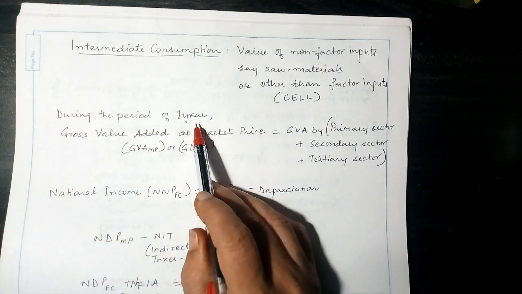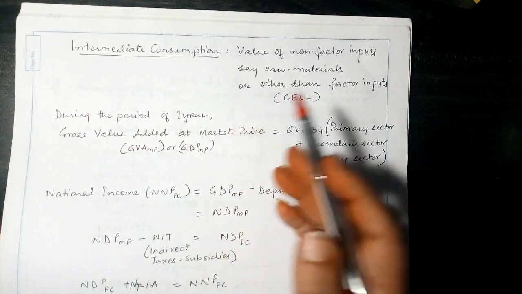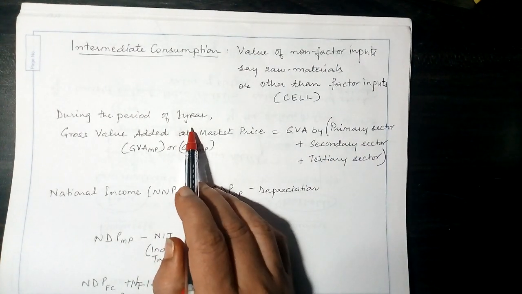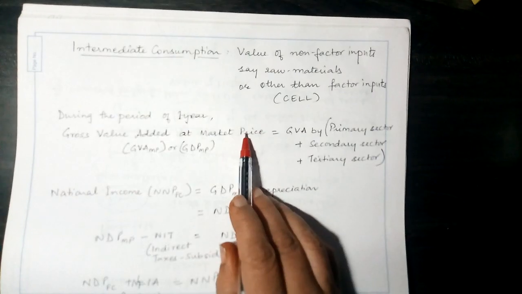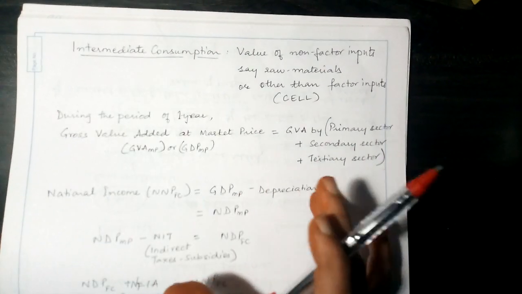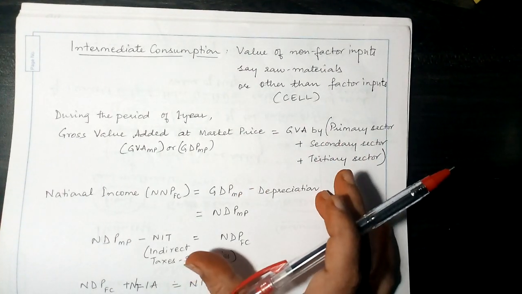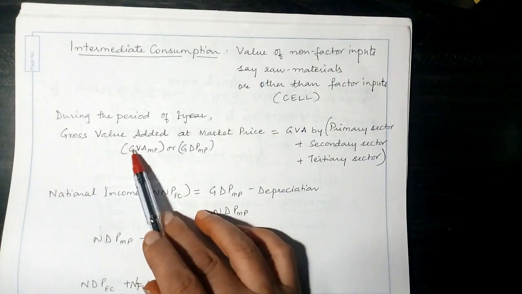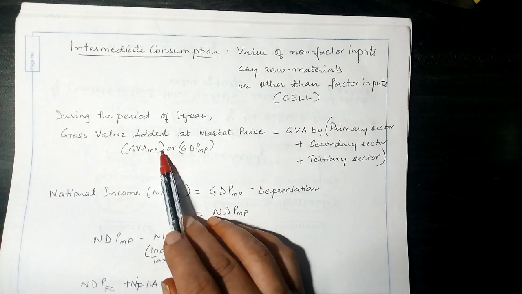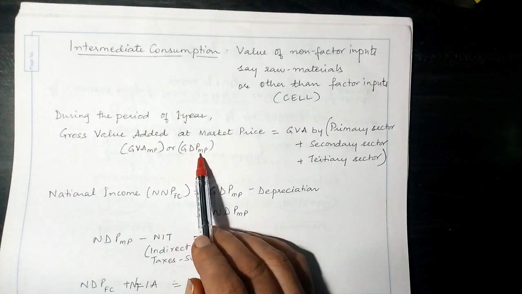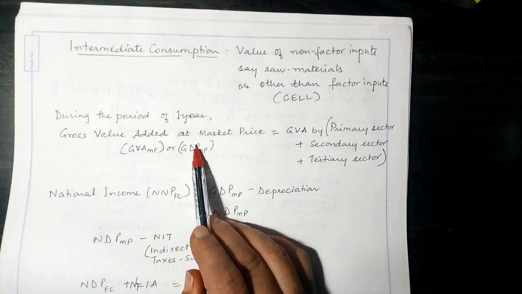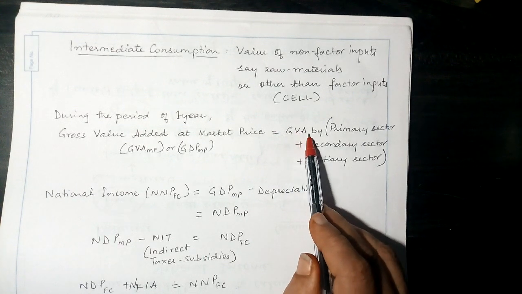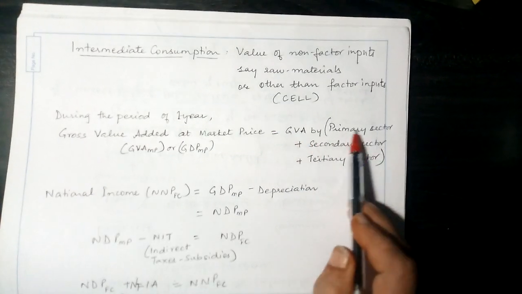Now during the period of 1 year of production of sales, generally counted for 1 year, the gross value added at market price, that means the total value added to the output at market price, which is otherwise called GVAMP or GDP at MP, gross domestic product at market price, is equal to the gross value added by all the sectors in the economy.